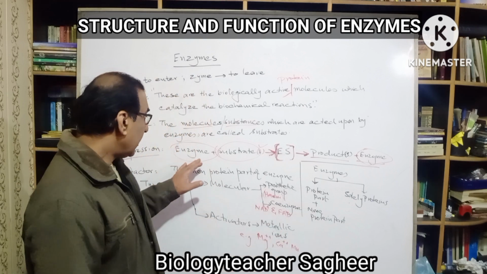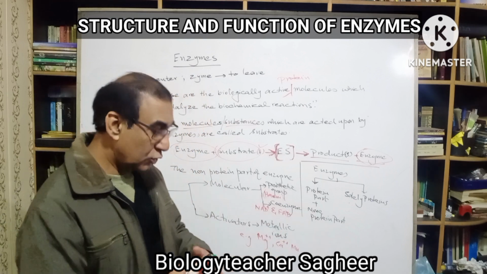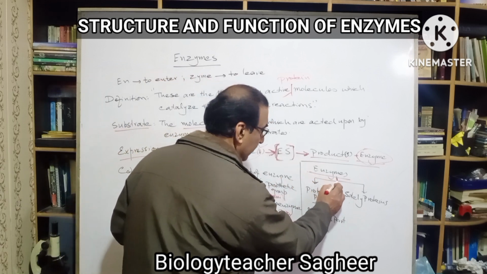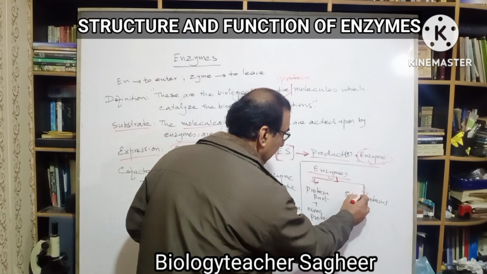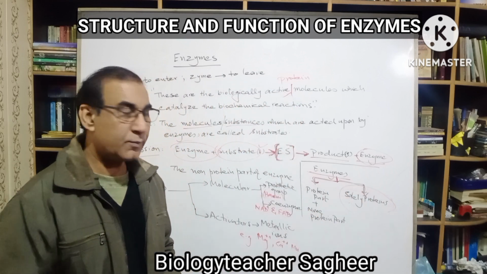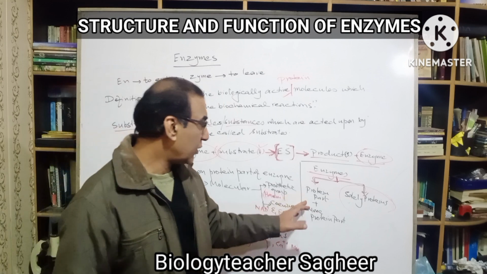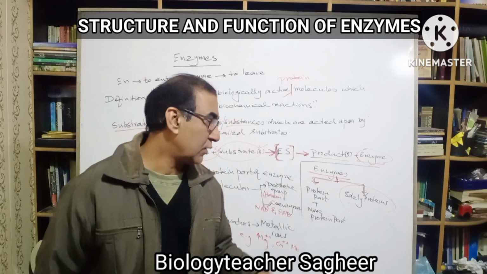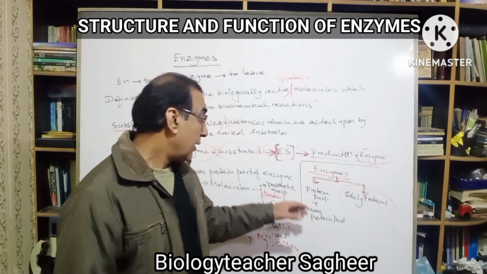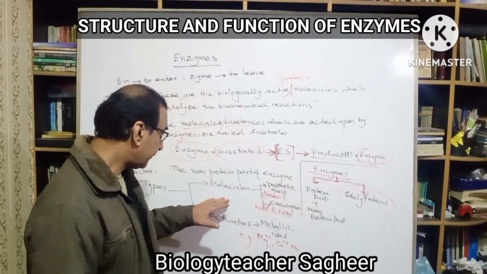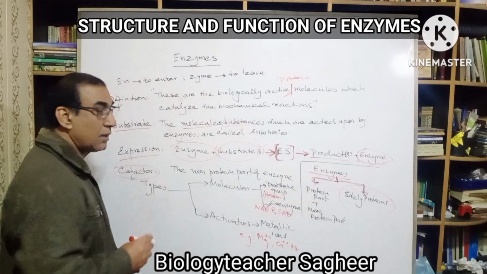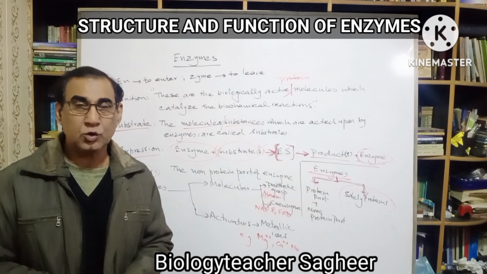Well, there are two types of enzymes you must make sure of. There are enzymes which consist solely of proteins. The others have two parts: the protein part and the non-protein part. The non-protein part of an enzyme is known as the cofactor.